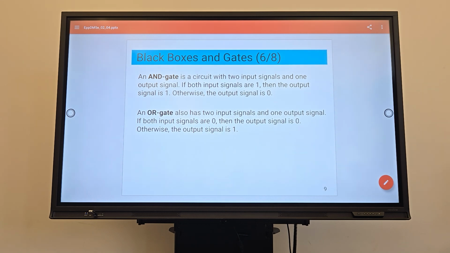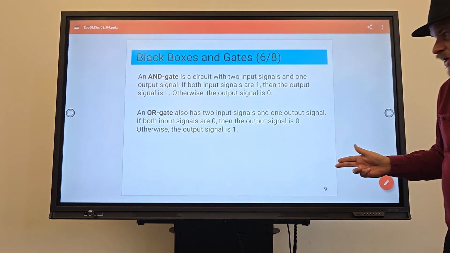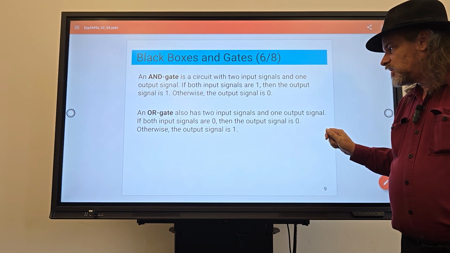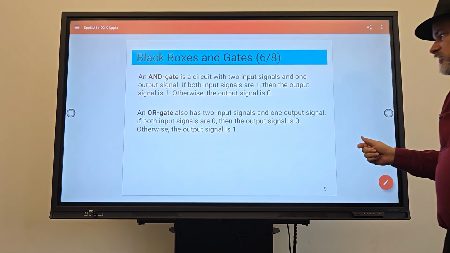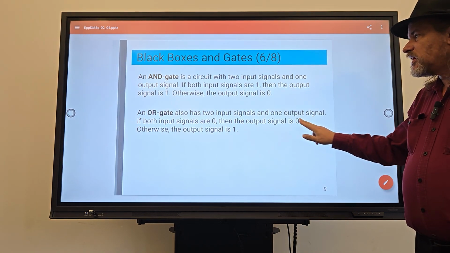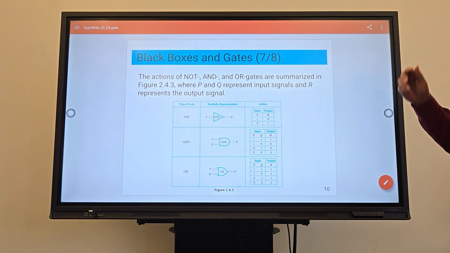If both input signals are 1, then the output is 1. Otherwise, the output signal is 0. The OR gate has 2 input signals as well, and 1 output signal. If both signals are 0, then the output is 0. Otherwise, the output signal is 1. From these 3 basic gates, you can construct any logic circuit you want.